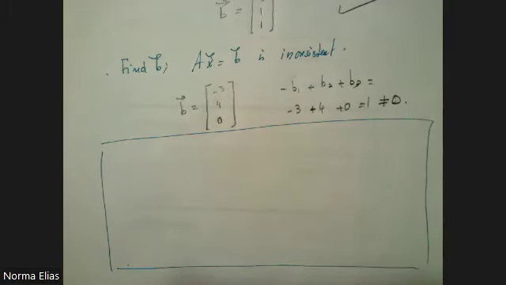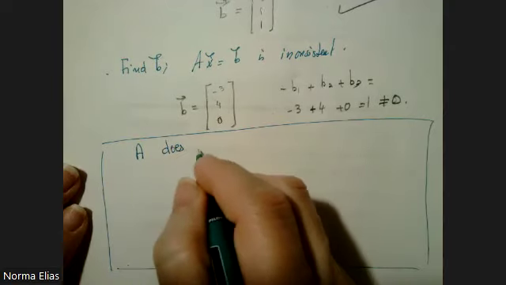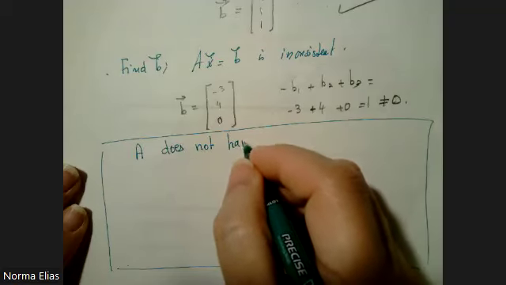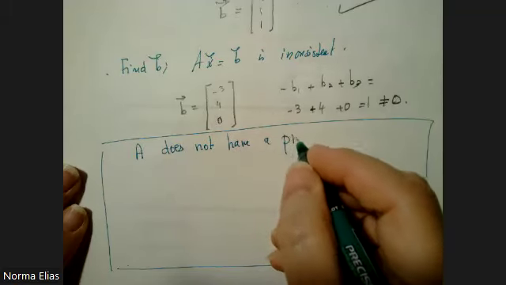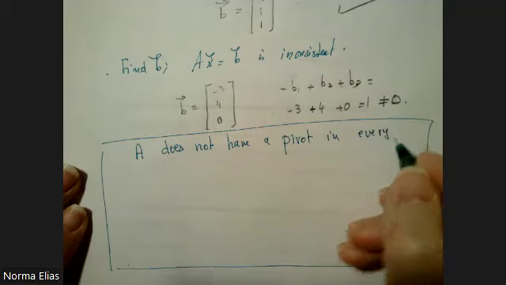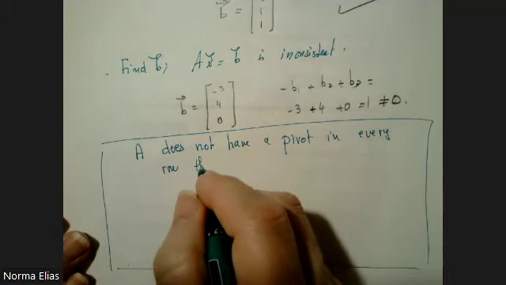If A, the coefficient matrix, does not have a pivot in every row. Remember, all our conditions are on the coefficient matrix. Then we have the following.